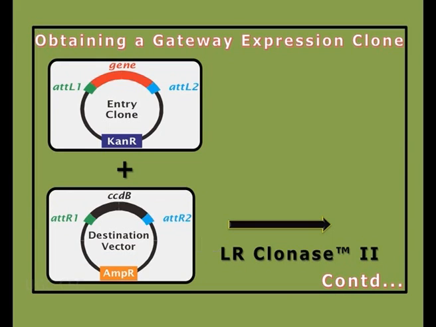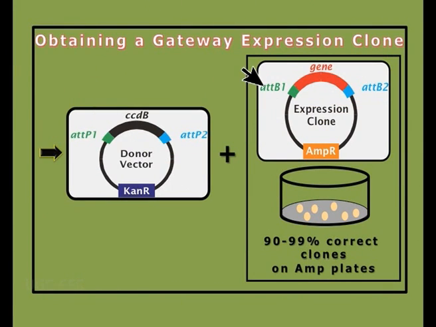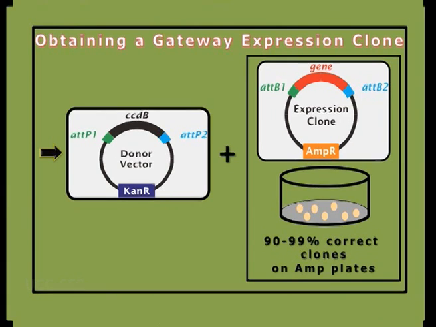And we add the enzyme called LR clonase, which carries on the transfer of the gene from between attL1 and attL2 sites to attB1 and attB2 sites. Herein the efficiency is such that 90 to 95% of the clones are the correct ones.